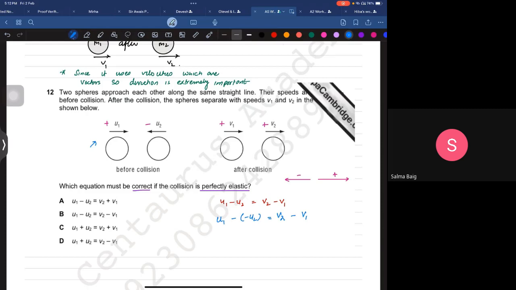This gives us u1 plus u2 equals v2 minus v1. This answer belongs somewhere here, so the correct answer has to be D. You won't be able to solve these kinds of questions if you forget this equation. It is crucial for these questions. Okay, kids? Any questions? Please let me know.